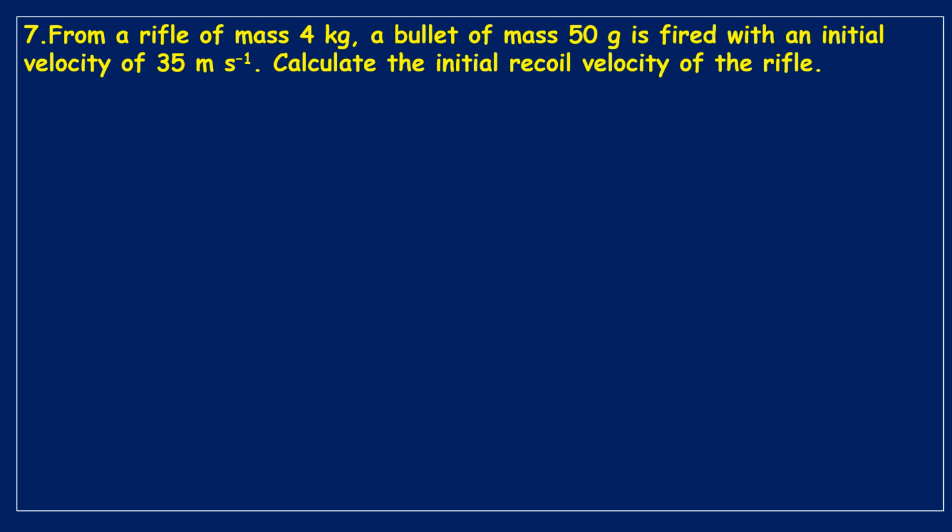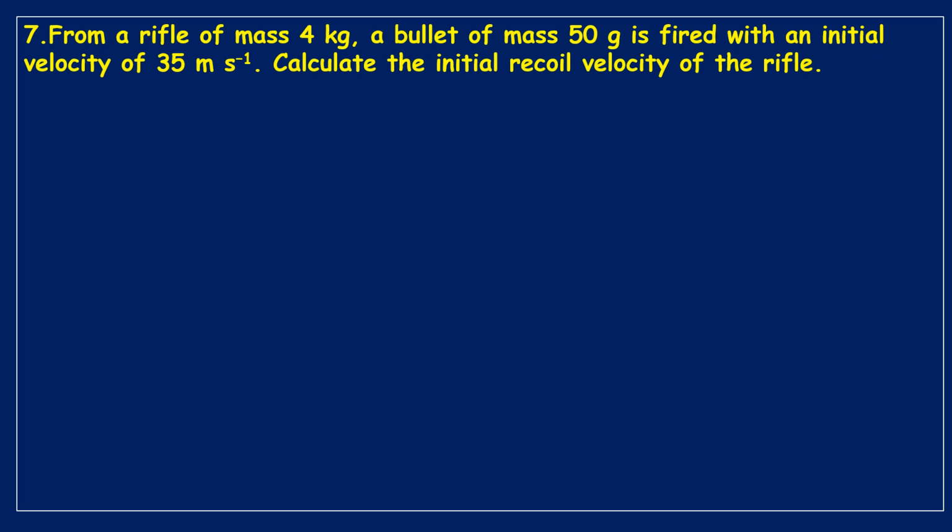Next question. From a rifle of mass 4 kg, a bullet of mass 50 grams is fired with an initial velocity of 35 meters per second. Now, calculate the initial recoil velocity of the rifle.